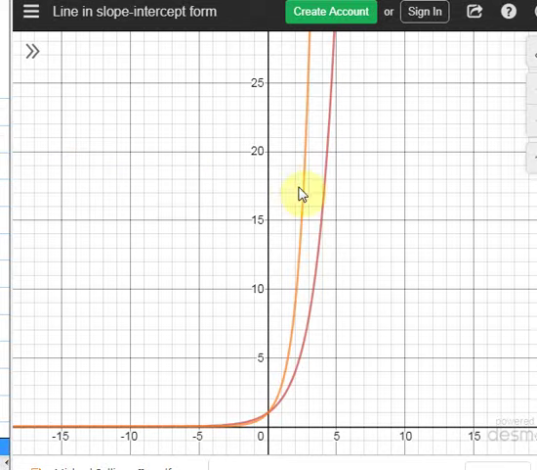Here I have plotted two exponential functions. The left one is 3 to the power x, and the right one is 2 to the power x. I have used the website desmos.com to plot these two functions. The plot was looking like this.